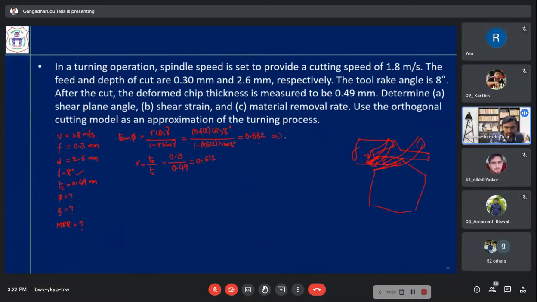Then what is phi from this? 33.5 degrees, sir. So 33.5 approximately. So we have found that phi, that is over. Now find zeta, that is the shear strain, that is cot phi plus tan of phi minus gamma. So find out this.